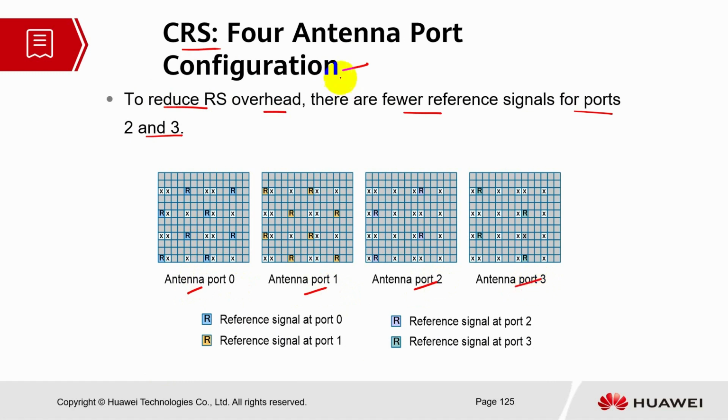When I compare them, fewer reference signals are used for ports 2 and 3: only 4 reference signals here, compared to a total of 8 for ports 0 and 1. So ports 0 and 1 use more than ports 2 and 3, because of the need to reduce the reference signal overhead.